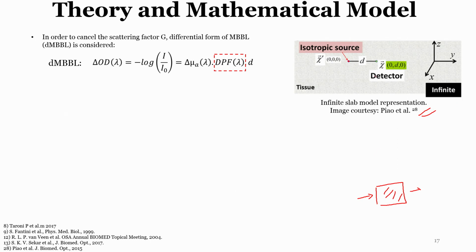Which means that the source is somewhere over here and this is the detector, and both the source and detector are completely within the tissue. I am not assuming the light is coming from outside the tissue; I am assuming it to be inside the tissue. It is the simplest assumption that you can use to proceed further.